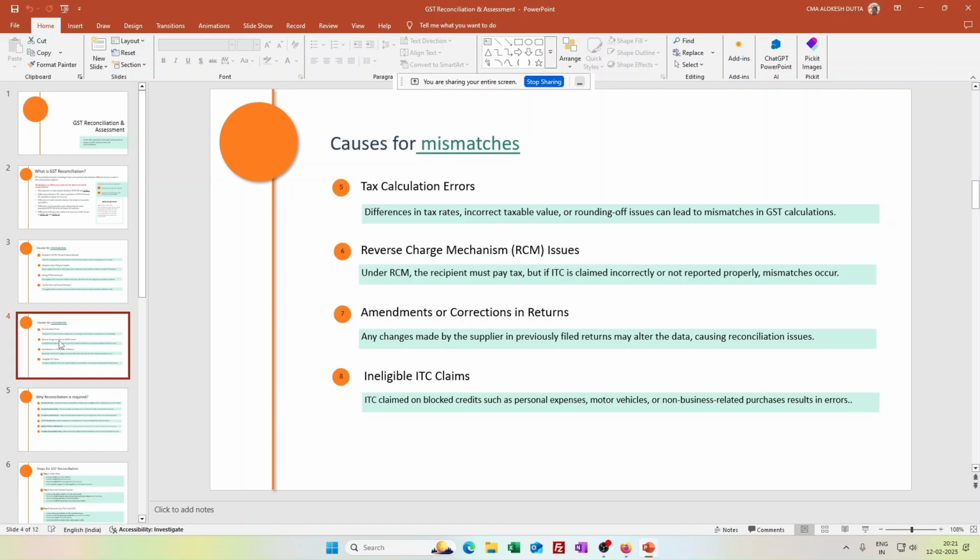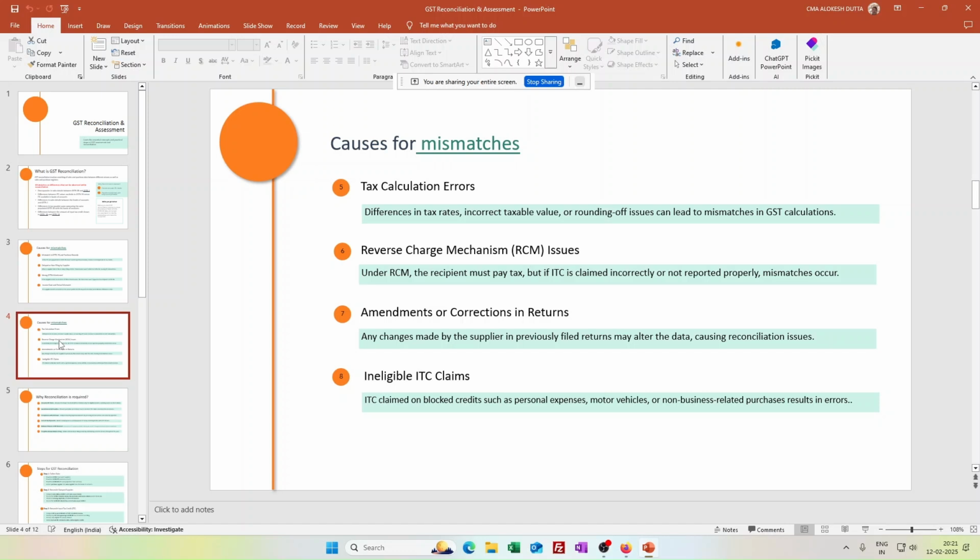But in some cases, it may happen he shows 2 lakhs in the GSTR 1 and here it is showing 1,75,000 or 2,25,000. So there will be a mismatch.